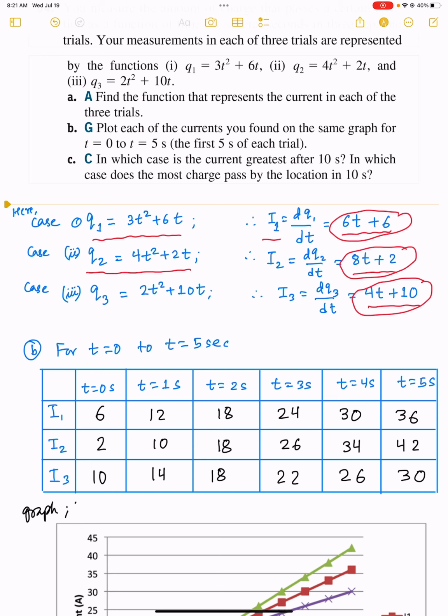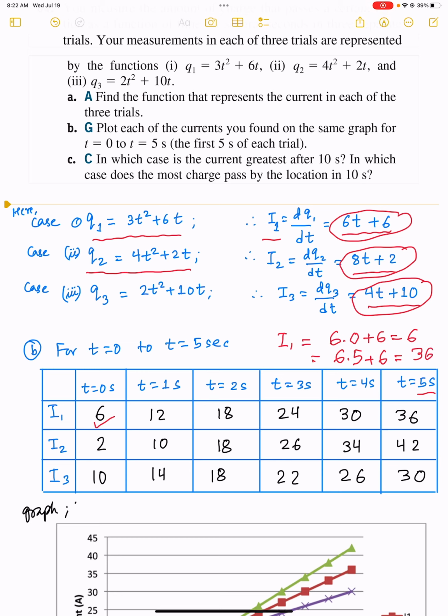When you put t equals 0 for I1, it will be 6 times 0 plus 6, which is 6. This is how you can complete the table from t equals 0 to t equals 5. For example, if t equals 5, it will be 6 times 5 plus 6, which is 36.